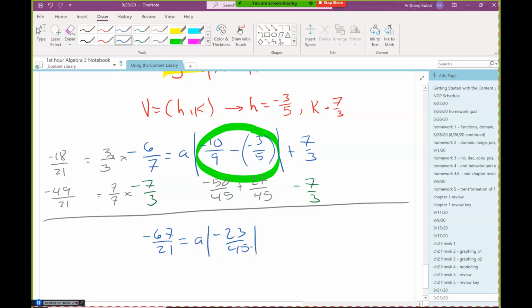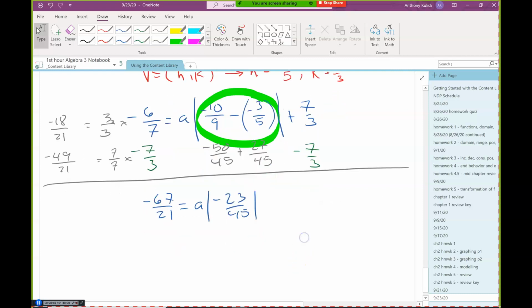Okay, there. Now, if I take the absolute value of negative 23/45, that's just positive 23/45, times a, and usually we write the coefficient in front, so I'll put that in front of the a.